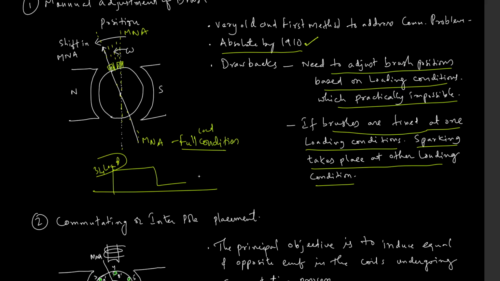At 3/4 load, the generator will be occupied for maximum time, and very little time it will be at no load or at full load. So I try to keep my brushes fixed at the 3/4 load position, but at other times when it is either no load or full load, under that condition sparking takes place. So this is also a problem. That is why this method became obsolete.